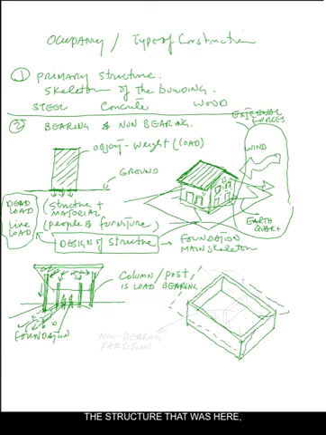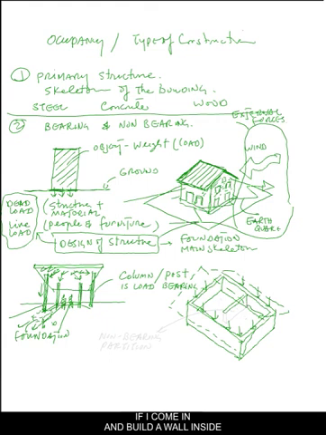The structure that was here, and I'm not showing it because I have removed it, relied on these walls on the outside to take its load down to the ground. So it is sufficient for this roof to stay where it is and be supported by these walls against all elements: earthquake, wind, dead load, live load.